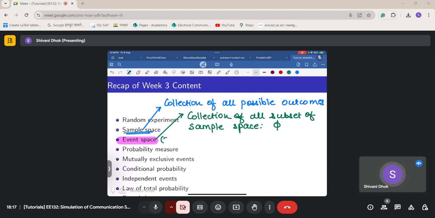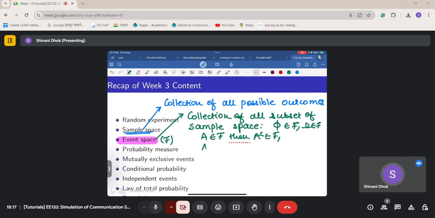Let's say this event space is denoted by script F. Your sample space should be in script F. Then if some subset A of the sample space is in F, then A complement is also in F. So this event space is basically a collection of all possible events. If A is an event, then A not occurring should also be an event.